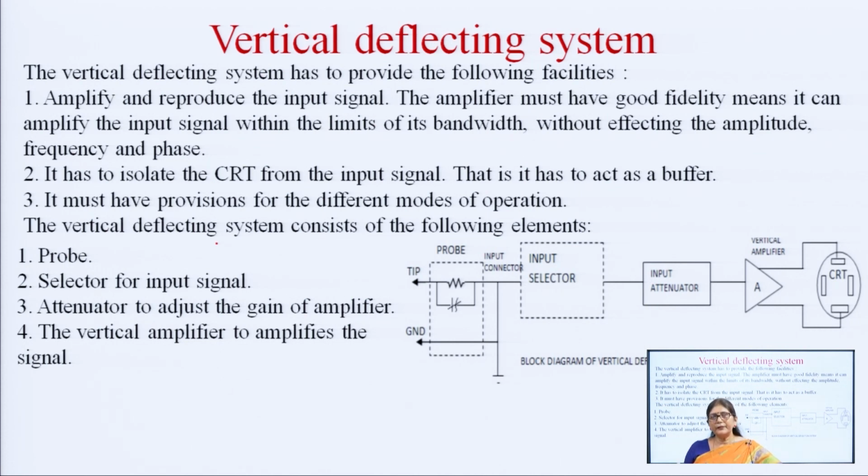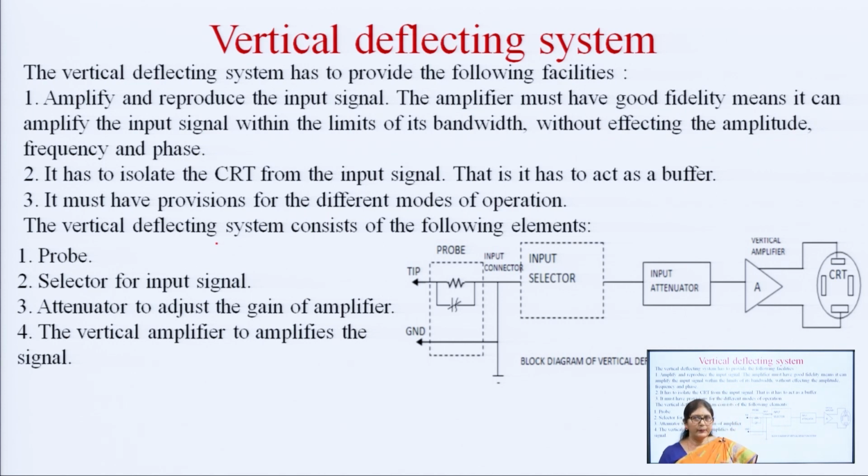For this purpose we use buffer circuits. The buffer circuit may be made up of an op-amp, or we can use a FET amplifier, a common source FET amplifier, or a common emitter transistor amplifier. Then it must have provision for different modes of operation. The vertical deflection system is made up of probes, then an input selector, and then the input attenuator or the amplifier, whatever we require.